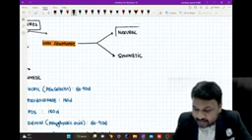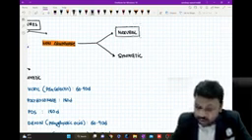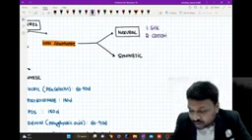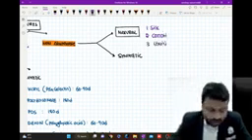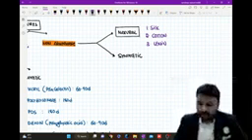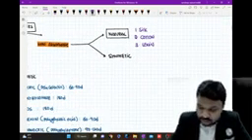Examples of naturally available non-absorbable suture material, one of the most common ones, is silk. Then you have cotton, and a variant of it is linen, right? Silk, cotton and linen are the natural non-absorbable suture materials.